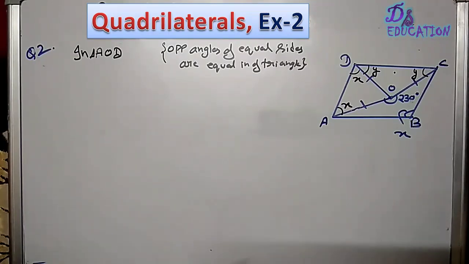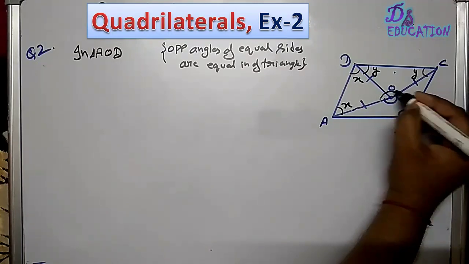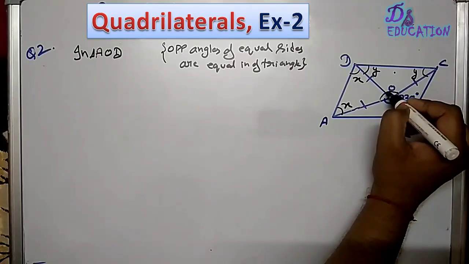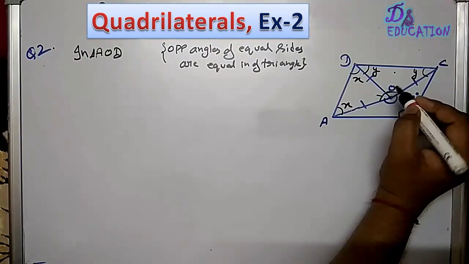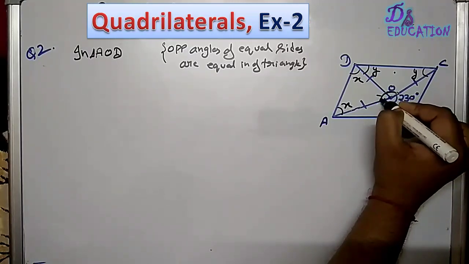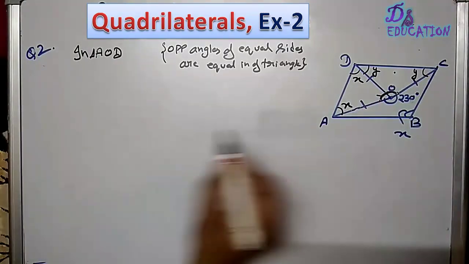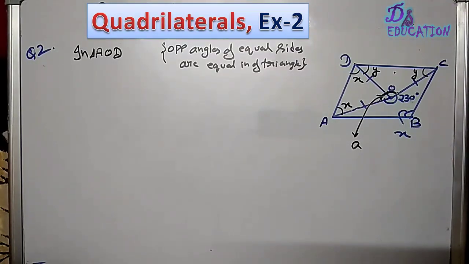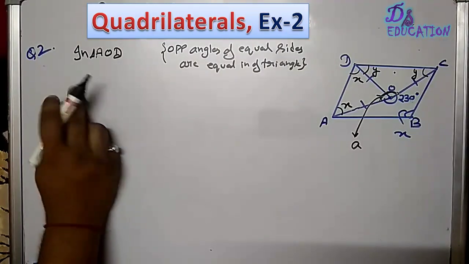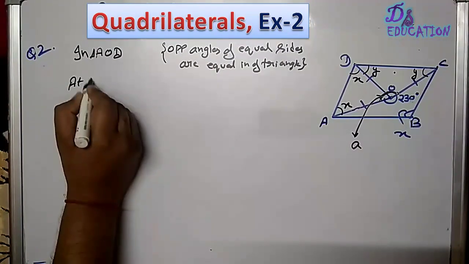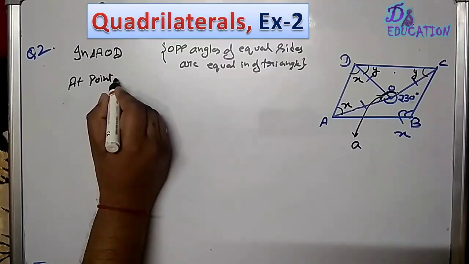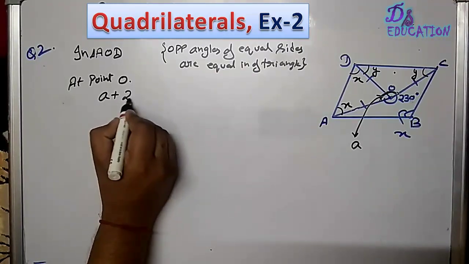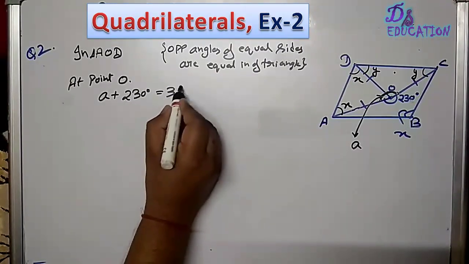Now angle AOB, if I take this angle as A, the interior angle, then at point O, A plus 230 degree is equal to 360 degree.